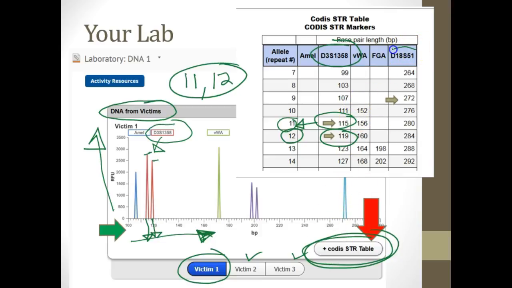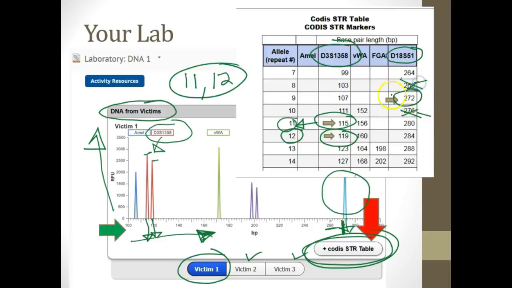The other one that I did is the D18S51, and that happens to be this blue peak right here that got covered. You'll notice that it peaks right there, 260, 270, 272. Reading this along the bottom, this line right here would have been 270. It's just over that, so 272, because I know it's not 268, I know it's not 276.